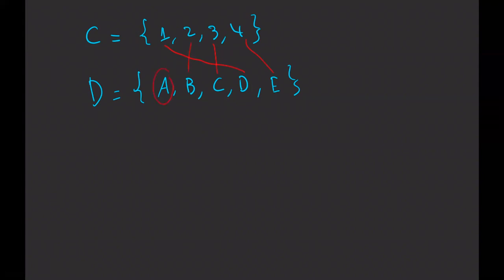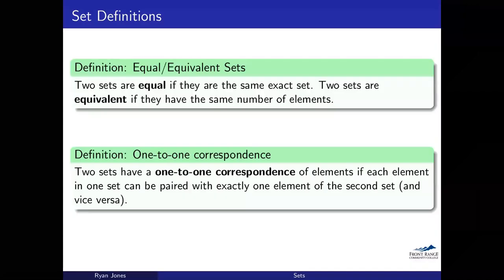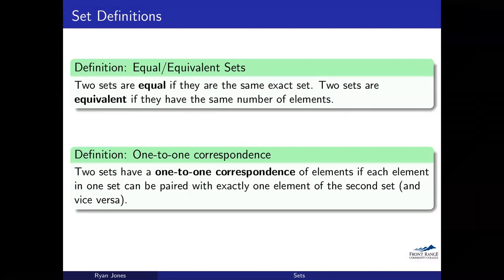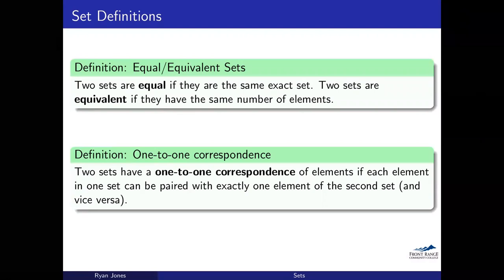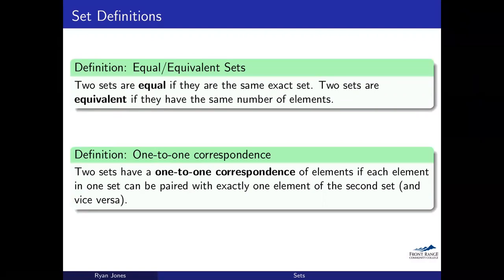But this A doesn't have anything left to pair with. So these would not be in one-to-one correspondence with each other. So we've got that definition there, and I'll leave this for you guys to think about. There's obviously a very close relationship between sets being equivalent and sets having a one-to-one correspondence. They actually mean the same thing.